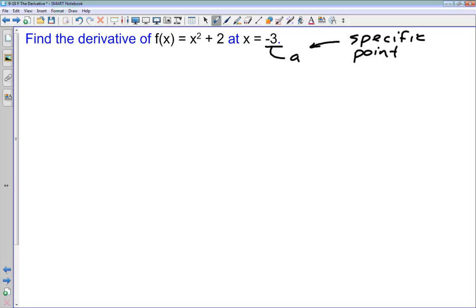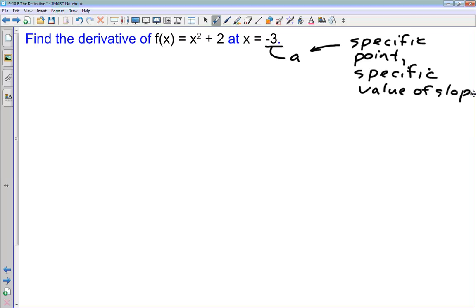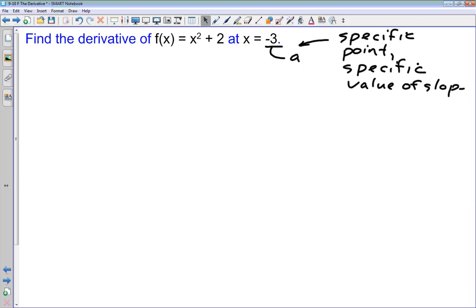So our answer here is going to be a specific value of the slope. And we're going to use that definition that we had on the last page.